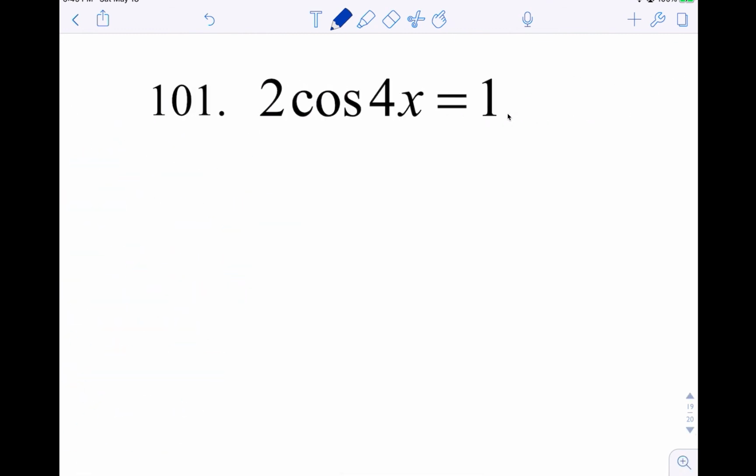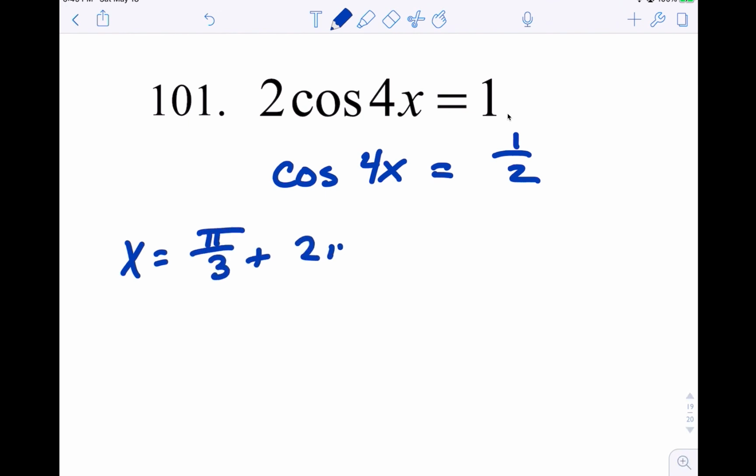And then the last one, 2 cosine of 4x equals 1. So cosine of 4x equals 1/2. So my general solutions would be pi over 3 plus 2 pi n and 5 pi over 3 plus 2 pi n.